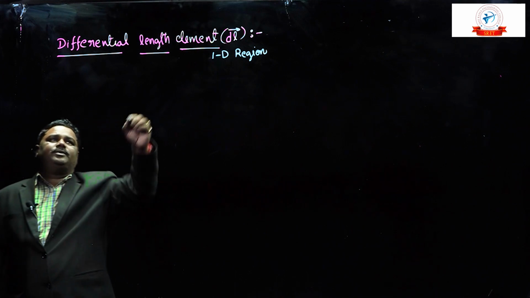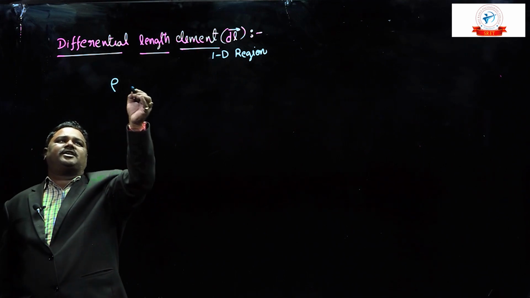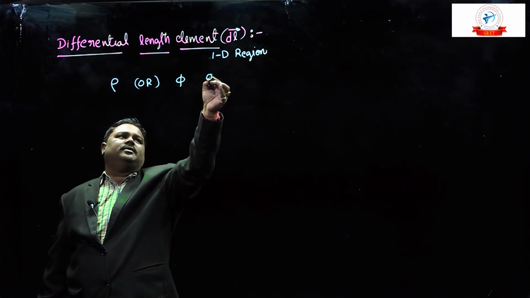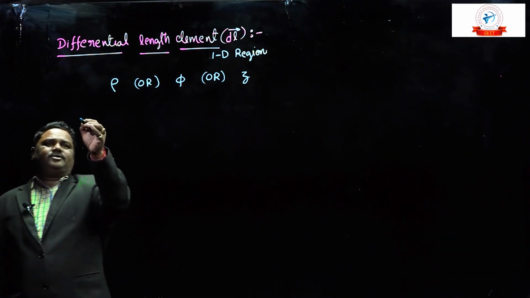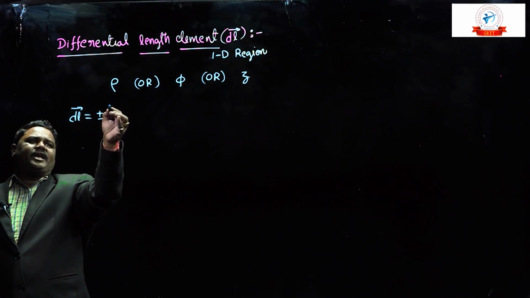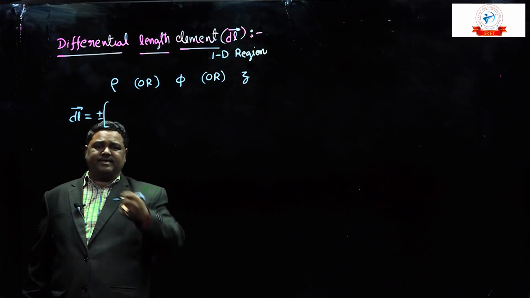In cylindrical, length is constructed with the rho coordinate, the phi coordinate or the z coordinate. Then dl bar is equal to, taking plus or minus common, that is forward and backward directions, or positive and negative directions.